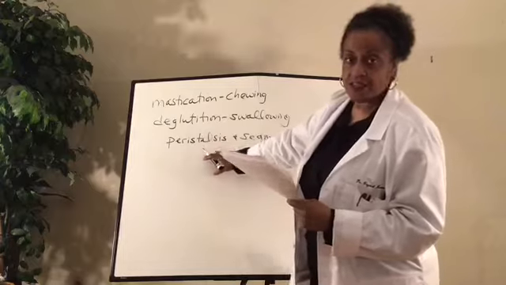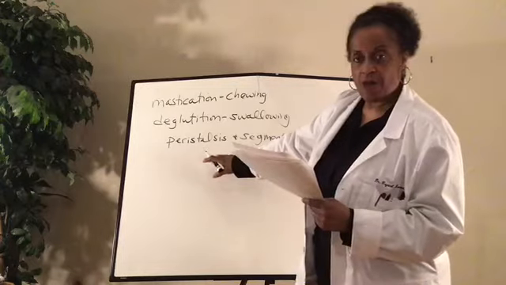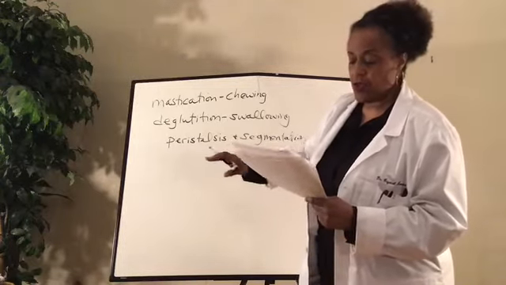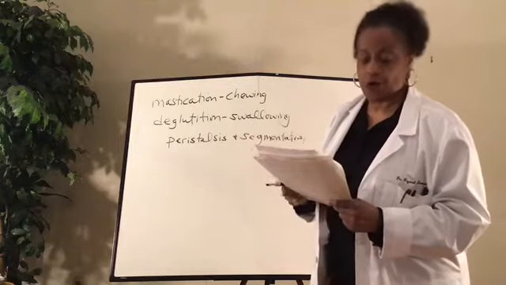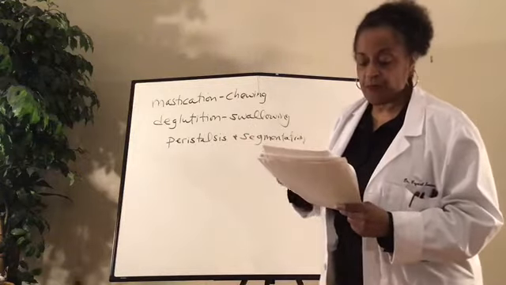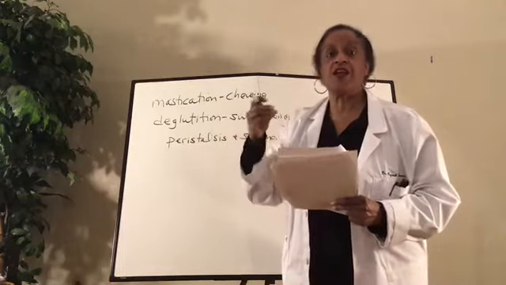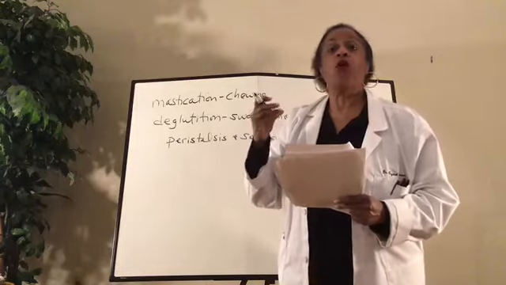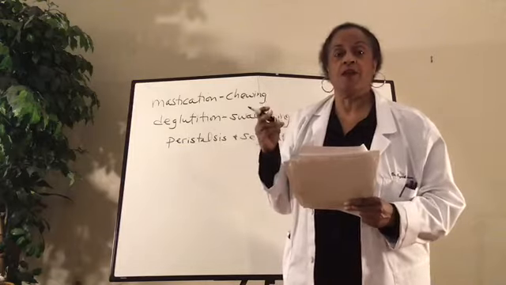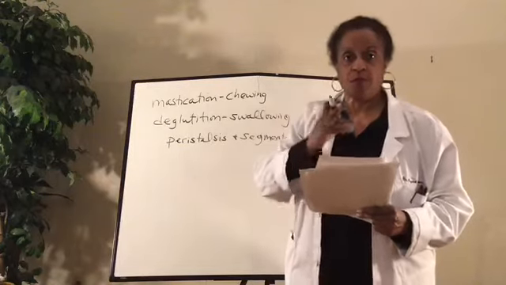Peristalsis is a wave-like ripple of the muscle layer of a hollow organ, initiated by a bolus stretch. So the food comes in and reflexes are there. The hollow organ knows to open up and start to move things along.